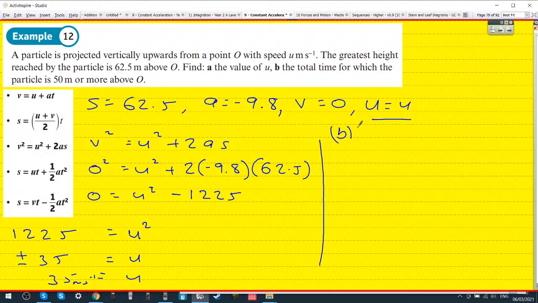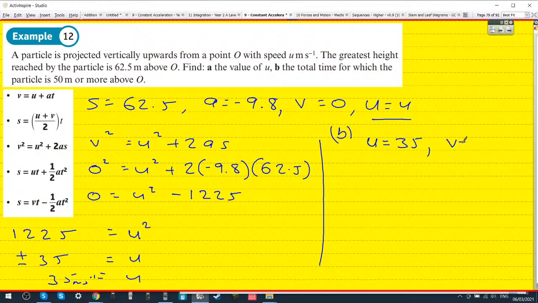Okay, so we need the initial velocity, which would be what we got as the answer, which is 35. The final velocity will be minus 35.